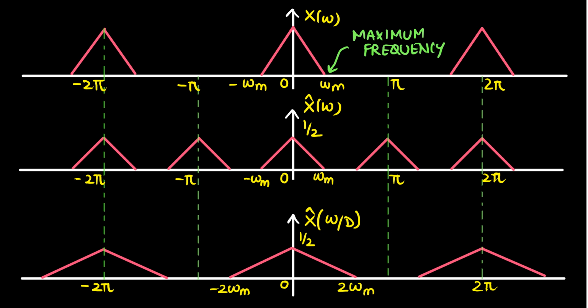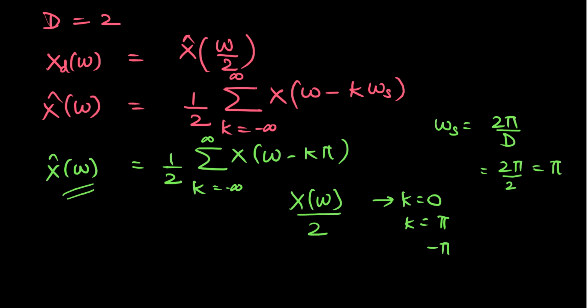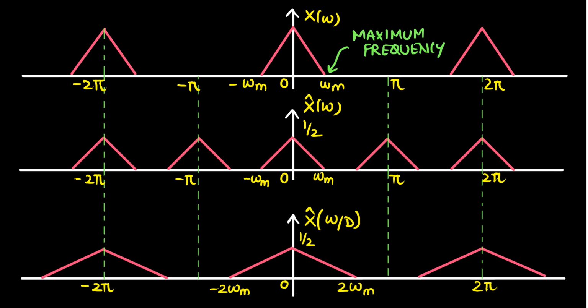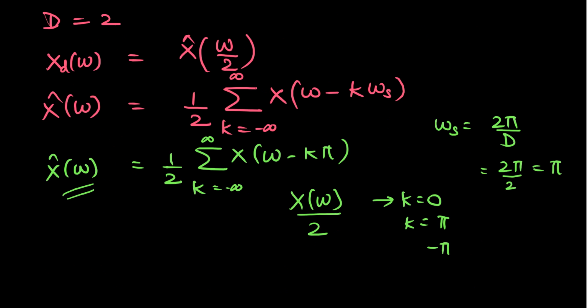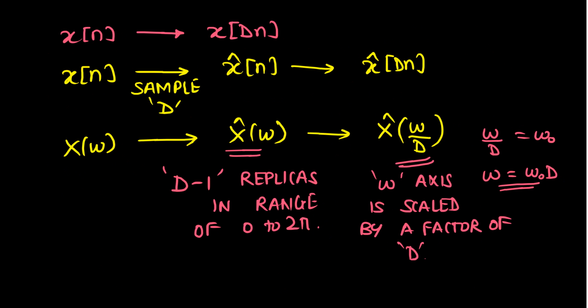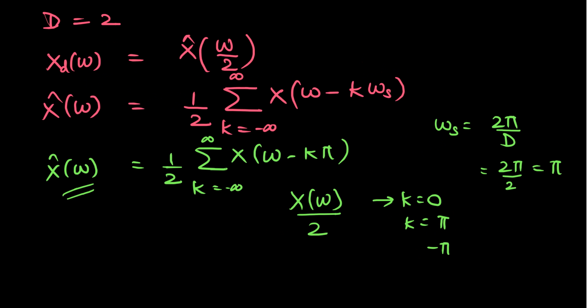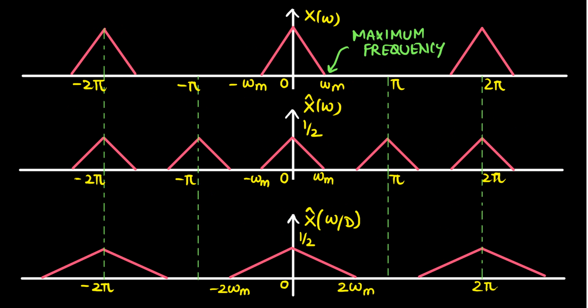And once we have these replicas, the next thing that we do is decimation. That is, we have this x_d of omega as x hat of omega by 2. In that case, we had seen that the omega axis is scaled by a factor of 2, which means that the frequency that was initially available at minus pi will now be available at minus 2 pi.